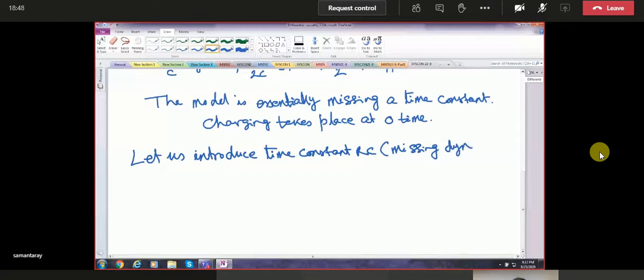So what we have: cell, some resistance R. This might be the internal resistance of the capacitor. If you charge a capacitor, you will see the capacitor gets heated.